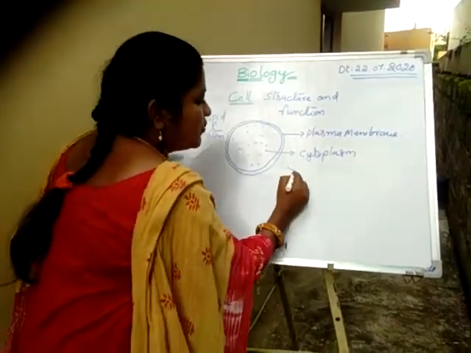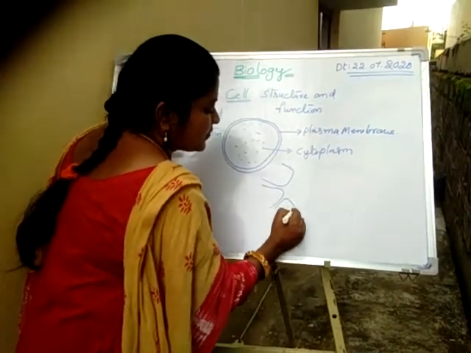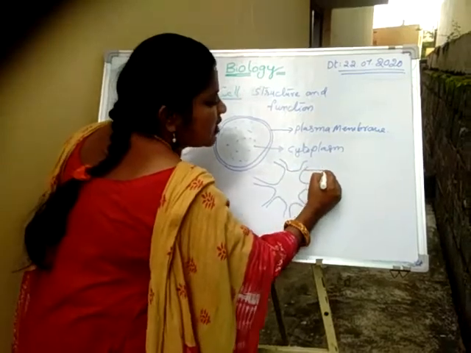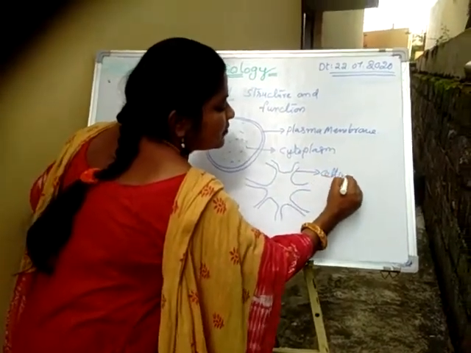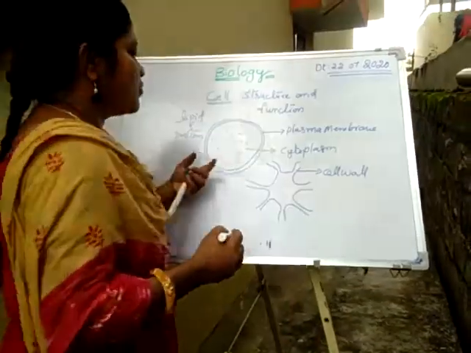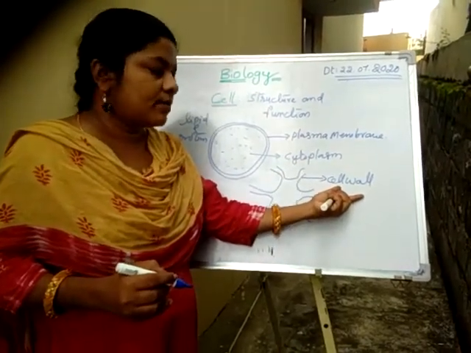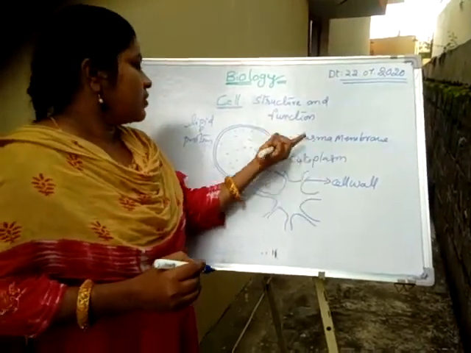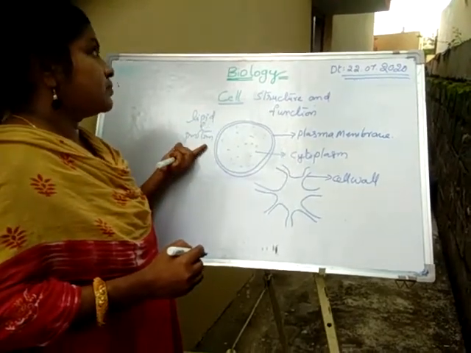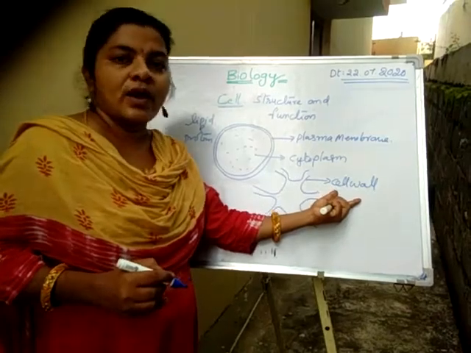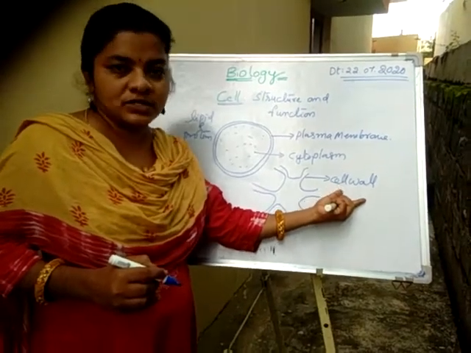How? If we take the plant cell, the plant cell's outermost wall is called the cell wall. Why is this called a plasma membrane and this called a cell wall? Because along with the lipids and proteins, the plant cell also has some cellulose-like structures.